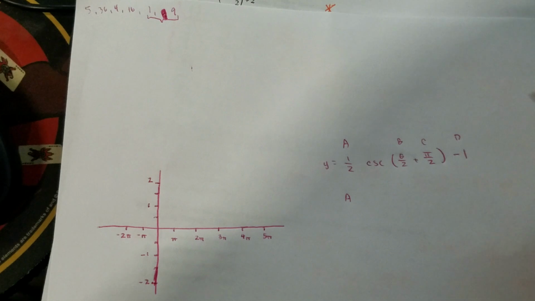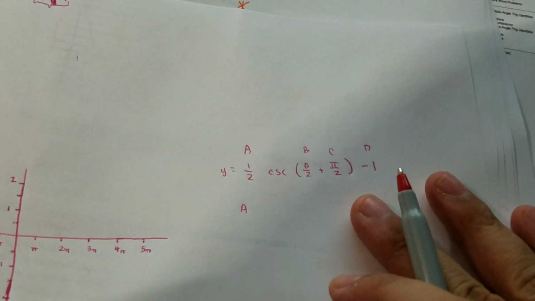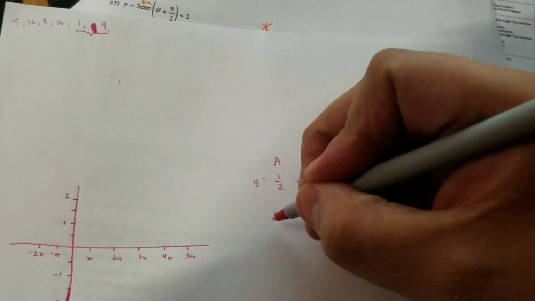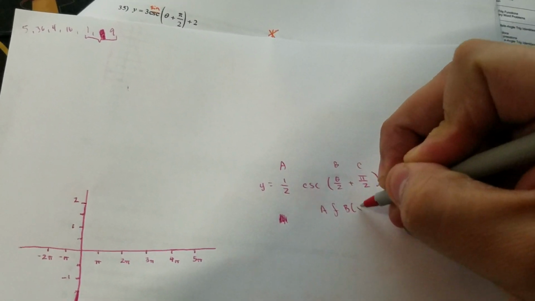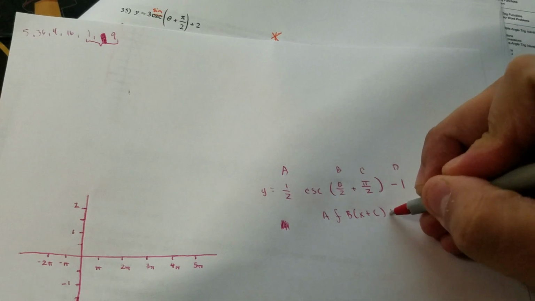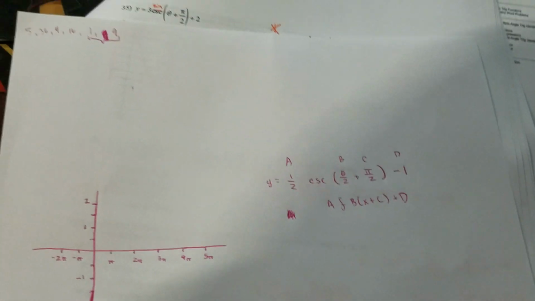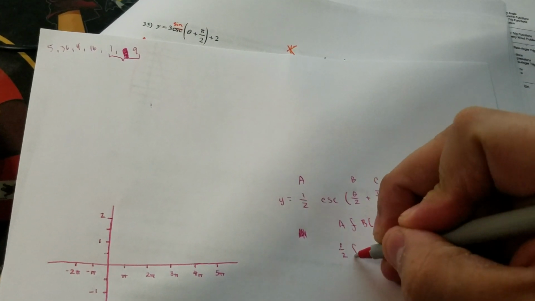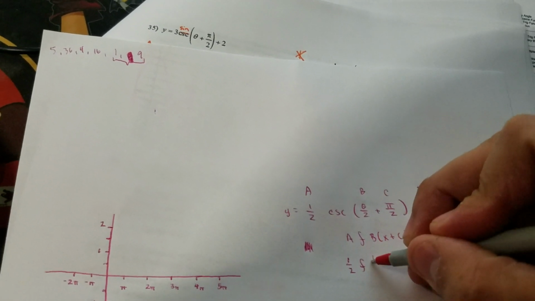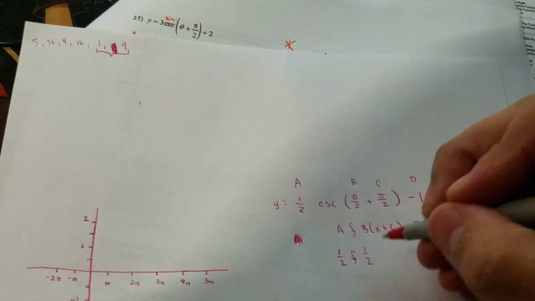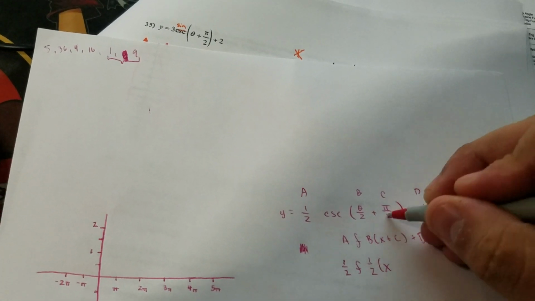Now, the reason I wanted to go over this one also is because of the B value. When I talk about phase shifts and all that, let me erase this right now, I need it to look like this, outside the parentheses. So for that reason, I'm going to rewrite it like that. A, F, and then the B I take out, which is a theta or an X. So the B value is 1/2. And the C value does change.